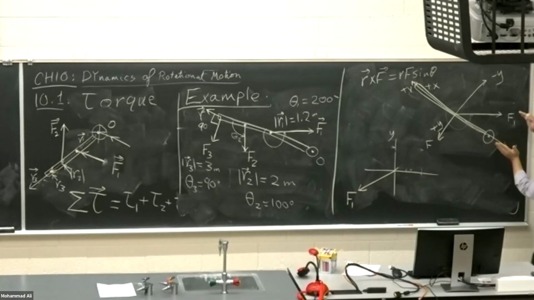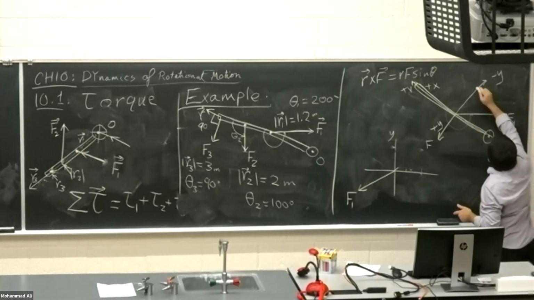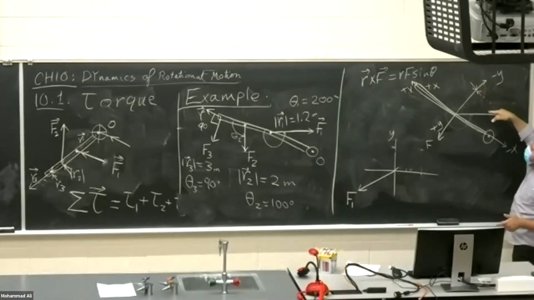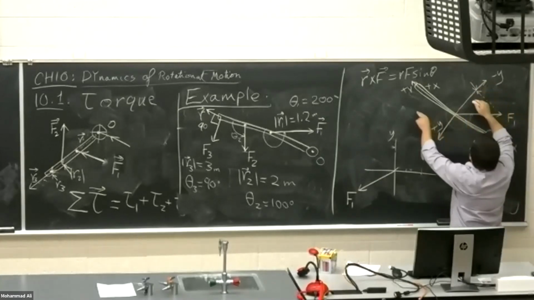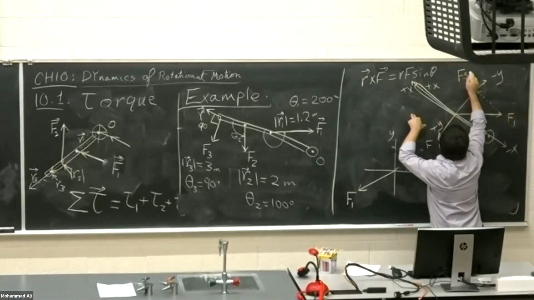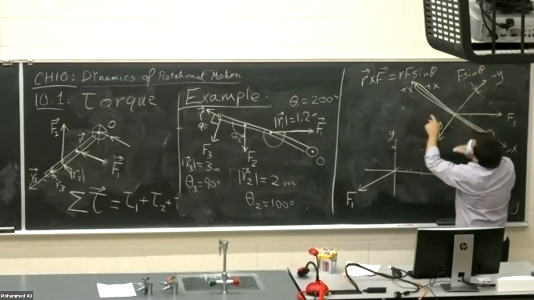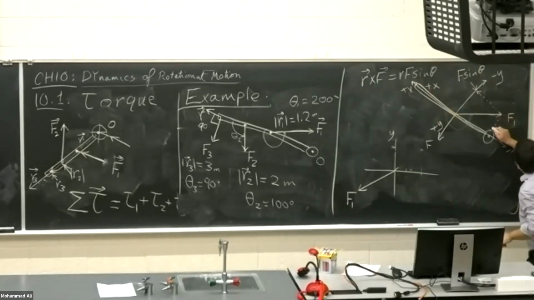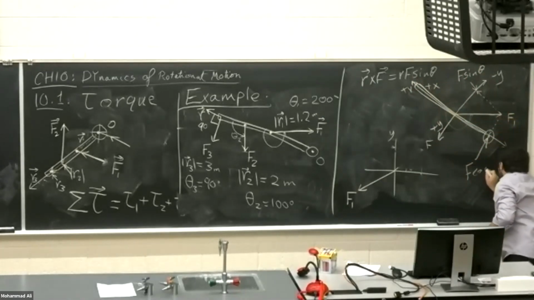Now, if I use F sine theta, this is the perpendicular direction of the force or component of the force. This is F sine theta, which is the one I needed in my relation. And this is F cosine theta. The effect of this will be zero.